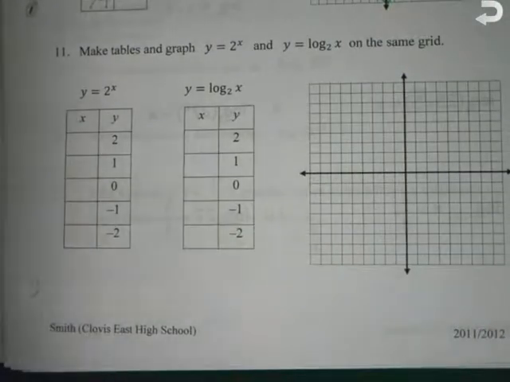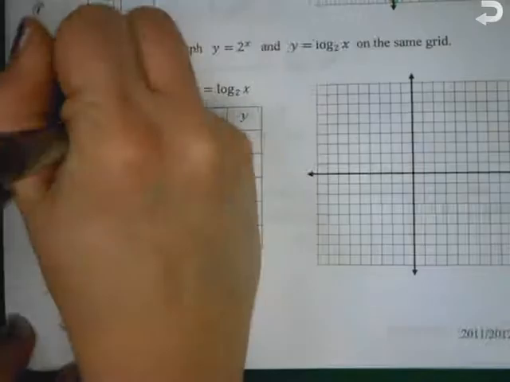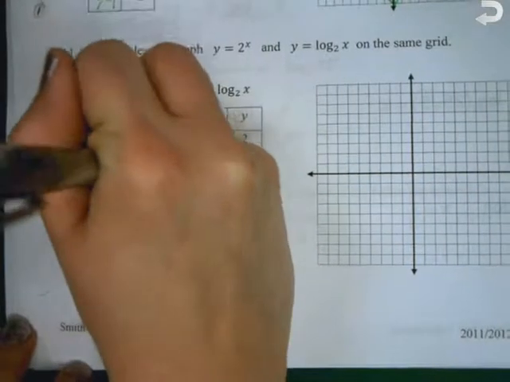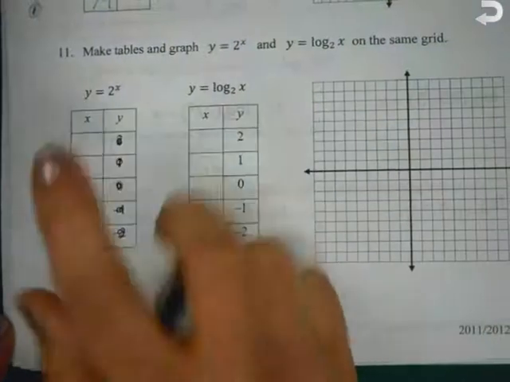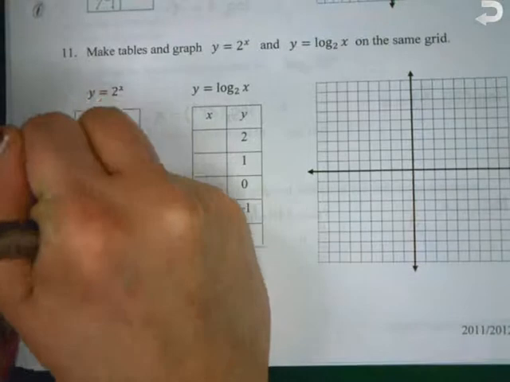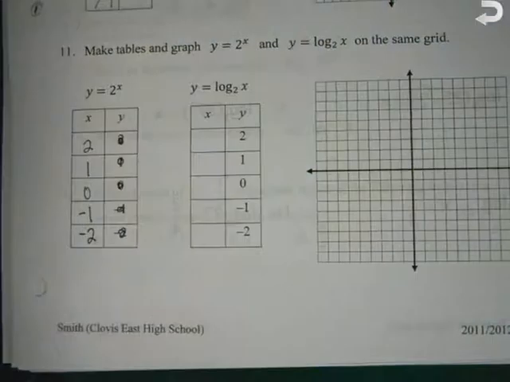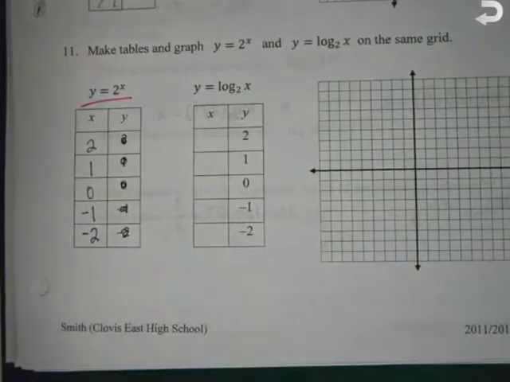So my x's should be filled in, not my y. So it should be 2, 1, 0, negative 1, negative 2. Because the exponent is x, we were supposed to plug those in. Yes, I understand what you're saying.